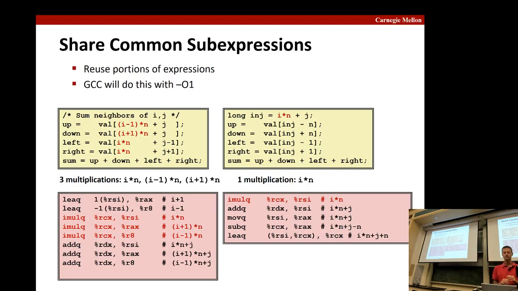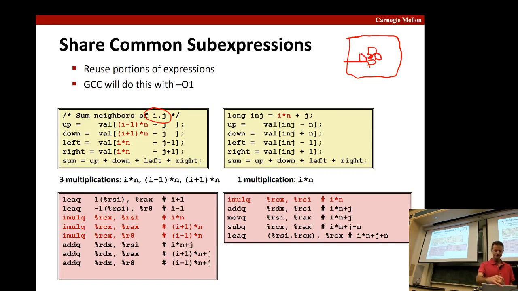Another thing that occurs a lot of time in code is a common sub-expression. Let's suppose that you have this sort of stencil-like program where, from a position i, j in your 2D grid, you want to look at the points one up, down, left, and right of the point of interest.